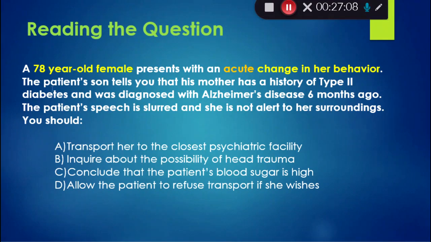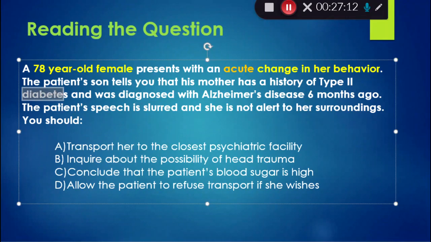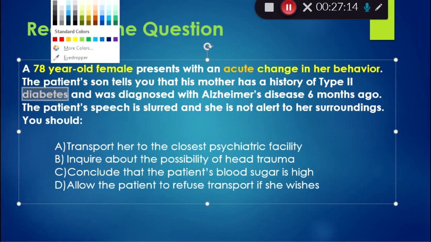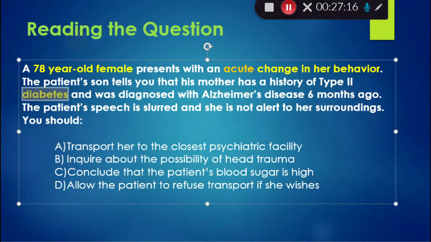This tells you his mother has a history of type 2 diabetes. Okay, we know type 2 is oftentimes not insulin dependent and can be controlled with diet. And she was diagnosed with Alzheimer's disease.